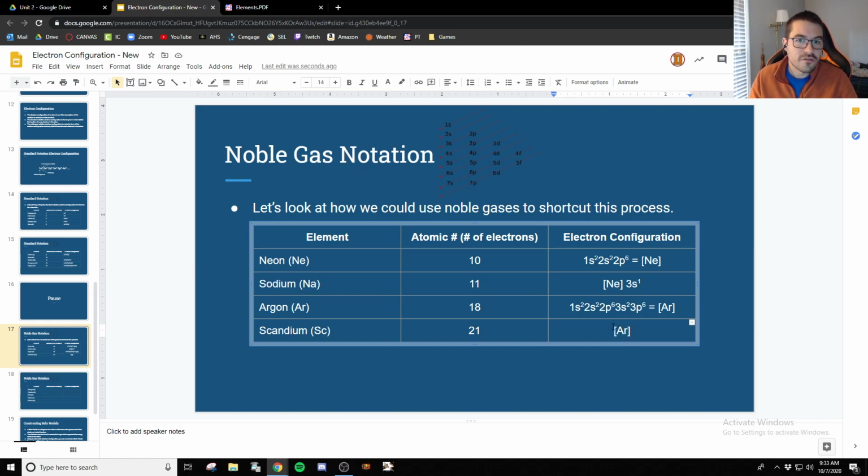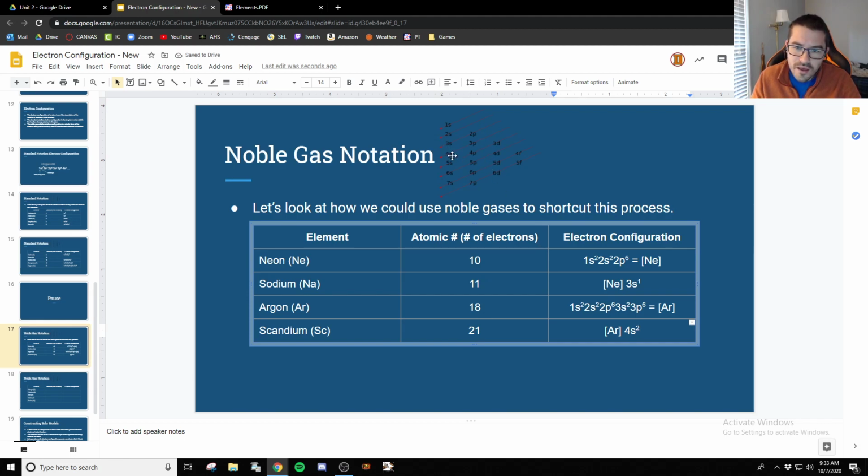Where should I start? Well, argon ends with 3p6. So if I look on my diagonal chart, the next place I would go for scandium would be 4s, and I can put 2 electrons there, 4s2. But remember, I had 3 additional electrons that I had to account for.